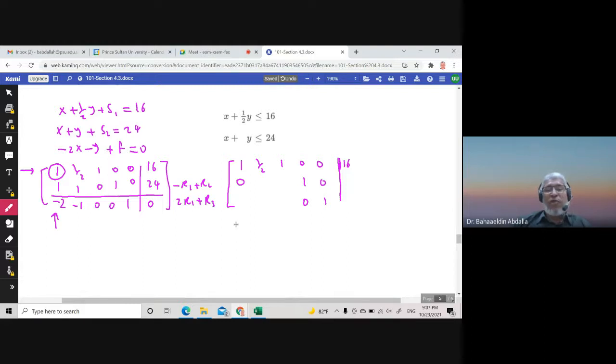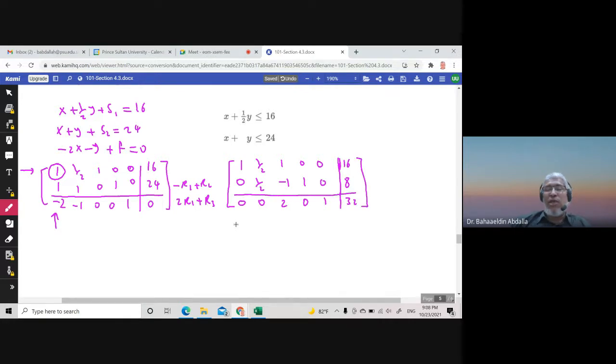Negative half plus 1 is half. Negative 1 plus 0 is negative 1. Negative 16 plus 24 is 8. The last row. 2 plus negative 2 is 0. 2 times half is 1 minus 1, that's 0. 2 times 1 plus 0 is 2. 2 times 16, 32.